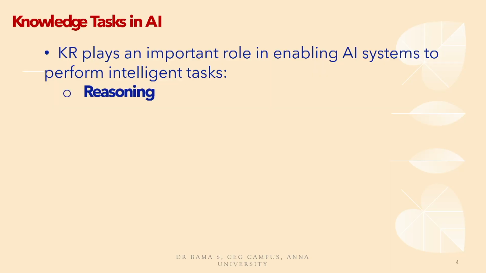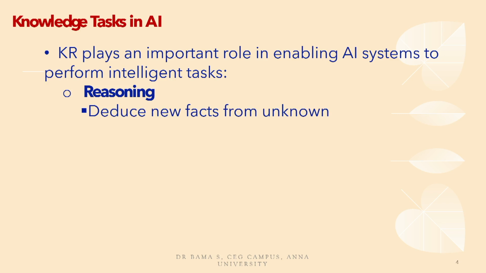So, what are the knowledge tasks that are prevalent in AI methods? It helps in the following intelligent tasks. I have named only a few of them, maybe 2 or 3, but there could be more. Say the first one is reasoning. We have been doing reasoning for the past few weeks, where there are new facts, like the last example that we have taken, the food example.